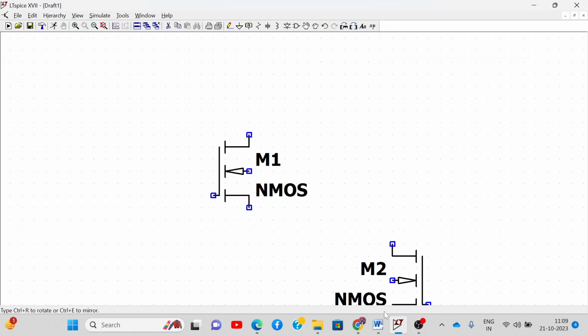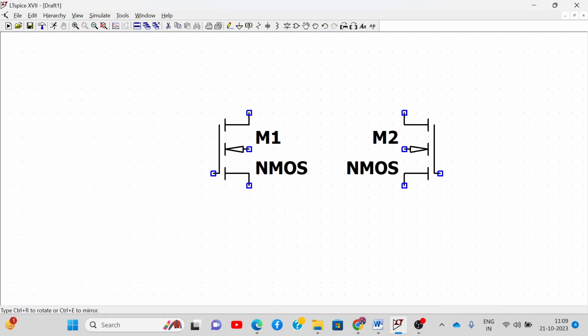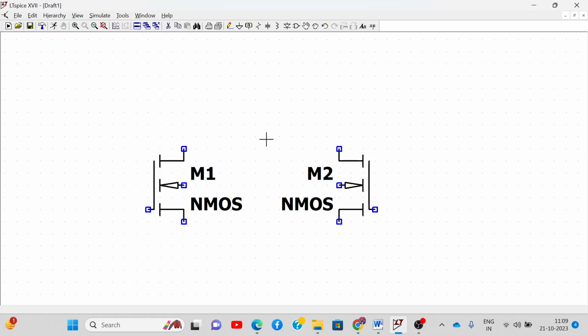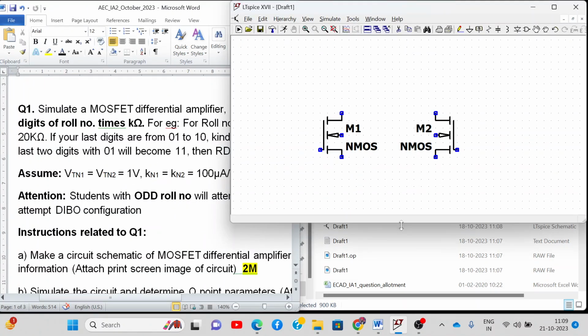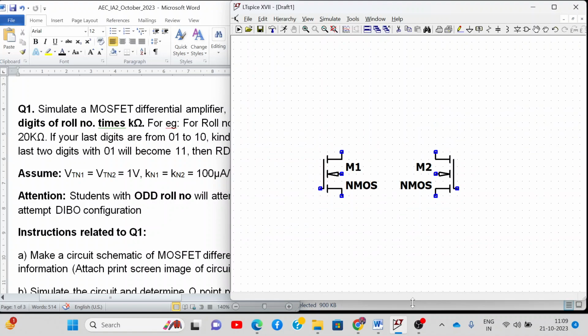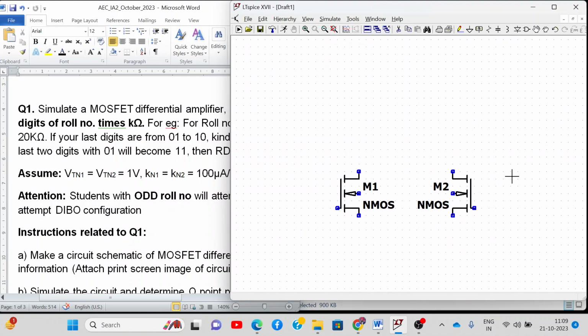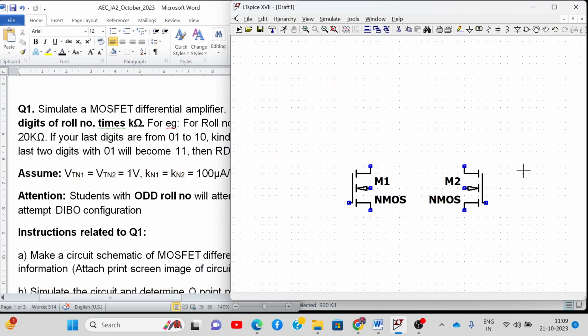The moment I press mirror, the gate terminal has appeared on the right hand side. Okay, understood about this? Any doubt here? So that's the first step: you have to select the MOSFETs. All right. Now, as we know, we have done experiment number 10 as a MOSFET differential amplifier.